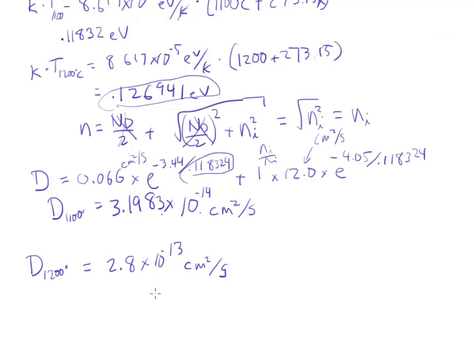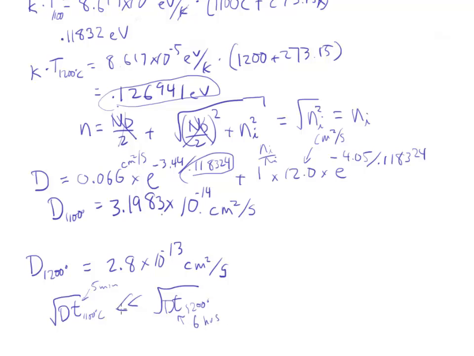Now we have to check whether the square root of Dt at the initial step, at 1100 degrees C, and remember this was for only 5 minutes, is much less than the square root of Dt at 1200 degrees, and remember this was for 6 hours, quite a bit longer.